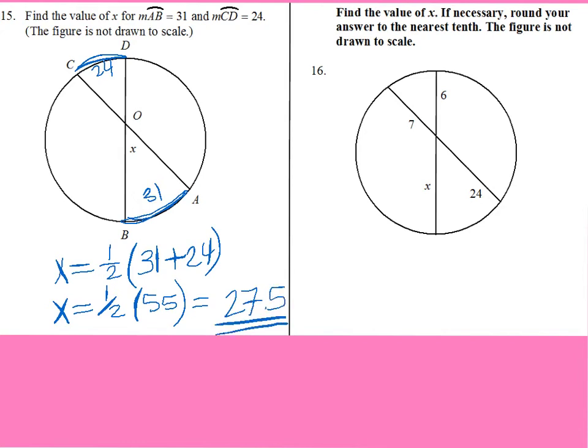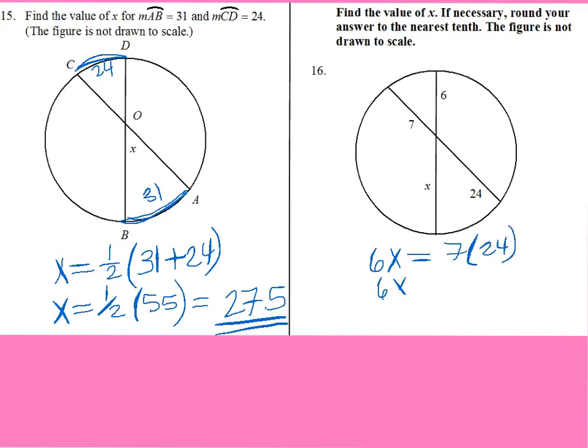Looking at number 16, it says find the value of x. If necessary, round your answer to the nearest tenth. So in 16 we have two segments that intersect inside the circle. What we're going to do is set their products equal to each other. Here's one segment, so we have the product of 6 and x, so 6x is equal to, here's our other segment, the product of 7 and 24, so 7 times 24.